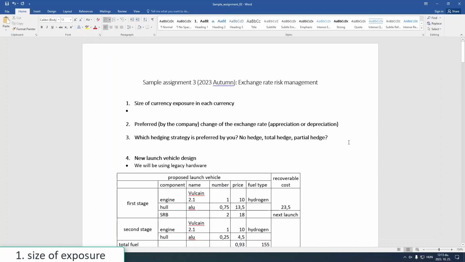So the company will import the elements: piping, tubing, tanks, I mean fuel tanks and oxidizer tanks, oxygen tanks, and so on.